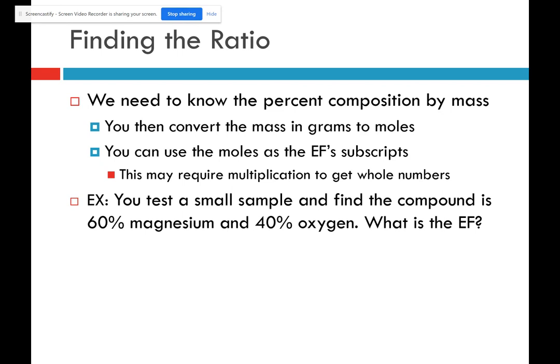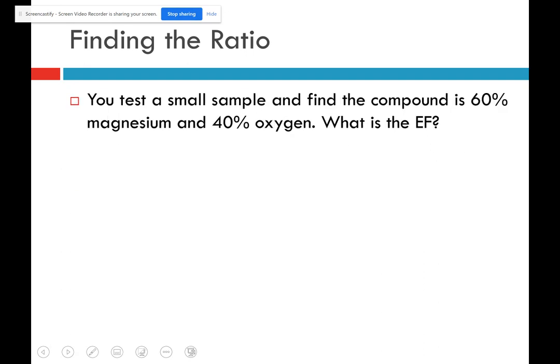This is a type of question you could see. Say you test a small sample and find the compound is 60% magnesium and 40% oxygen. What's the empirical formula? Now, I'm going to give myself a little bit of extra room. So if this is the same question, just written on the next slide. The first thing that we're always going to do in these empirical formula questions is we're going to assume a 100-gram sample.